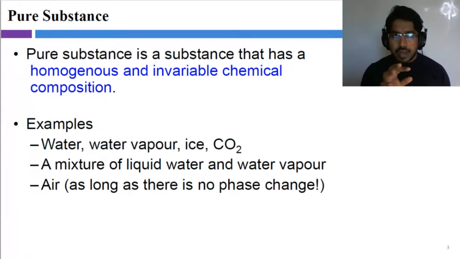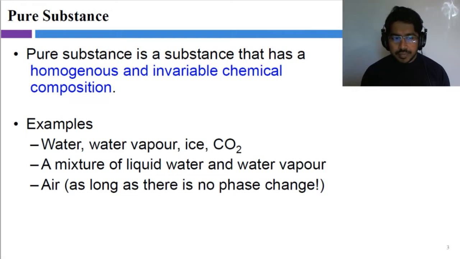Because I don't remember the exact proportions. Let's say, for argument's sake, 70% nitrogen, 16% oxygen, and 10% CO2, something like that, right? So whatever the ratio is, it's going to be maintained. So it's again considered to be a pure substance. So you can see that sometimes there could be a mixture, but if it is uniformly mixed, then we can call it a pure substance.